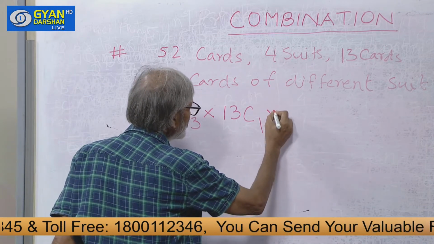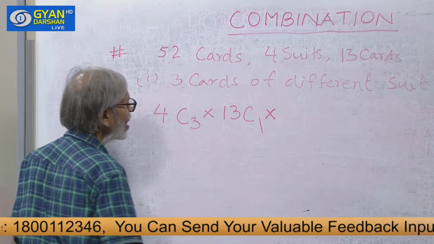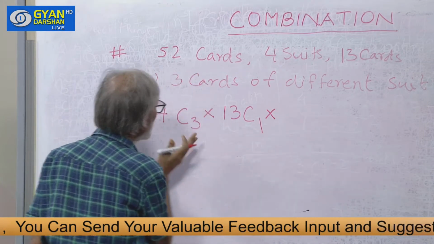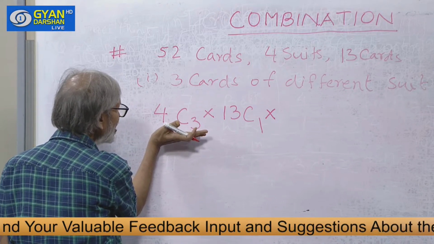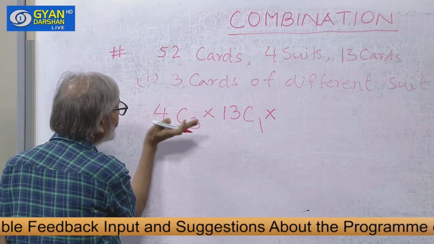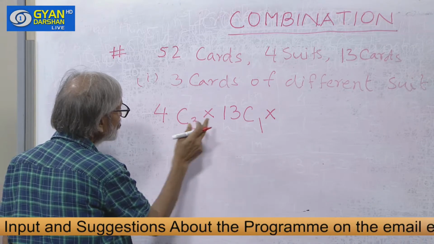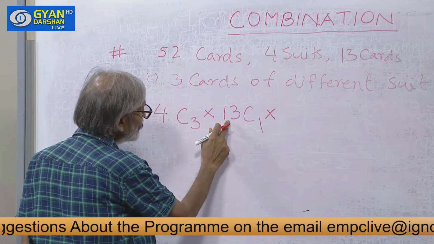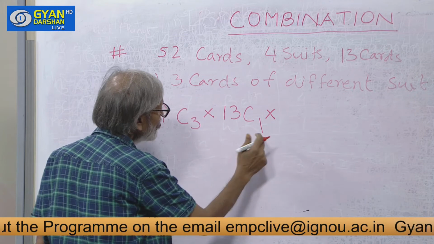And similarly, another card you have to choose from another selected suit. You have chosen 3 suits out of 4 in 4C3 ways. So, from one suit, one card you have selected in 13C1 ways.